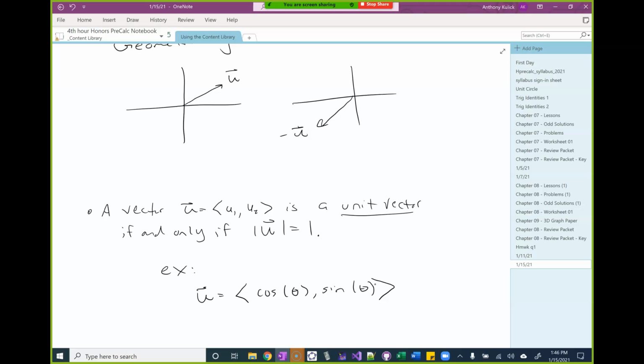And we know for a fact that cosine squared theta plus sine squared theta is equal to 1. So this basically allows me to capture the direction of a vector without concern of its magnitude, because in this case the magnitude would just be 1. So that'll come in handy later, but I just wanted to point out to you now.